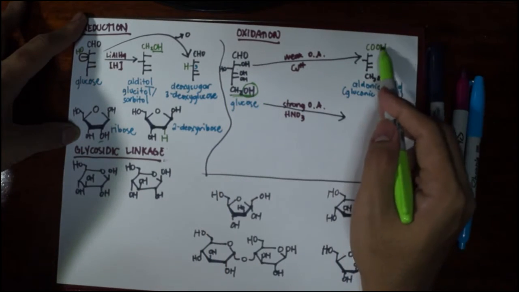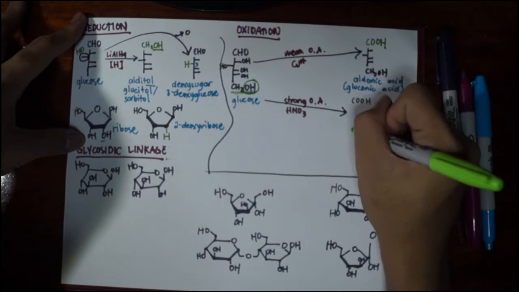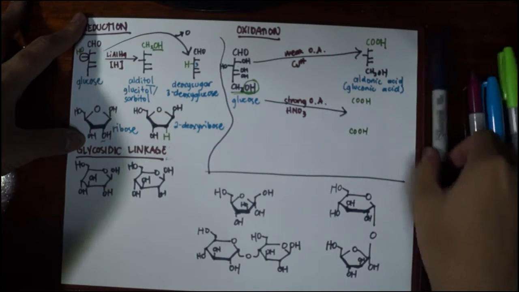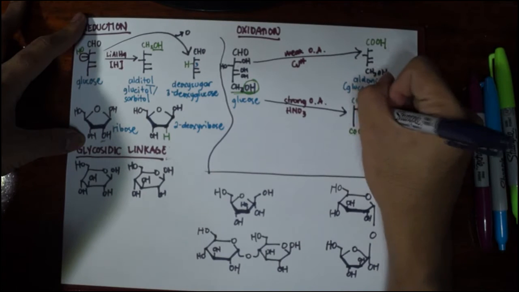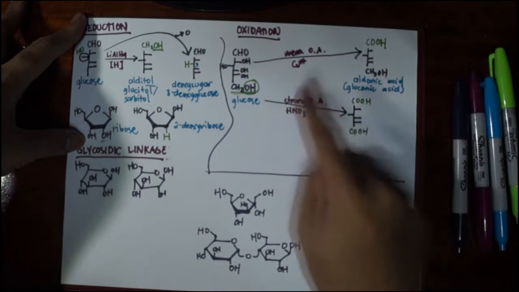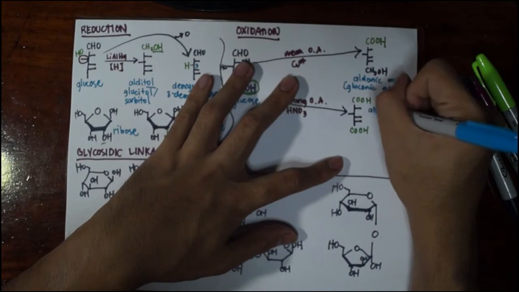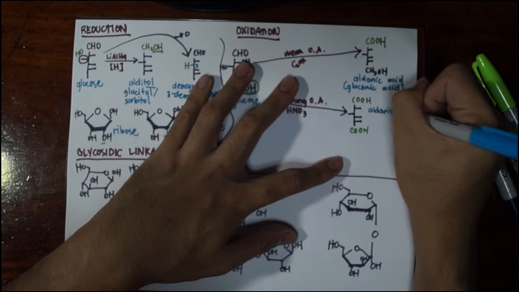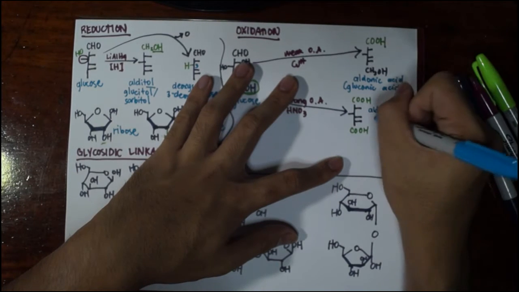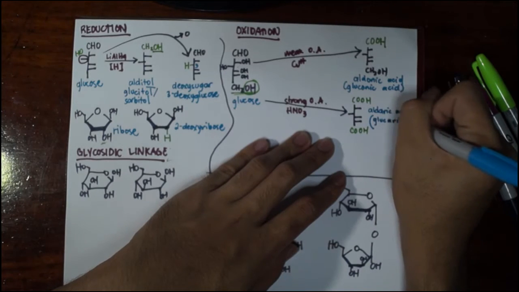So instead of having just one carboxyl group, you now have 2. And everything else remains unchanged. All the secondary alcohol groups do not react even with a strong oxidizing agent. The specific name of this one is an aldaric acid. And in particular, the name of this aldaric acid is glucaric acid.